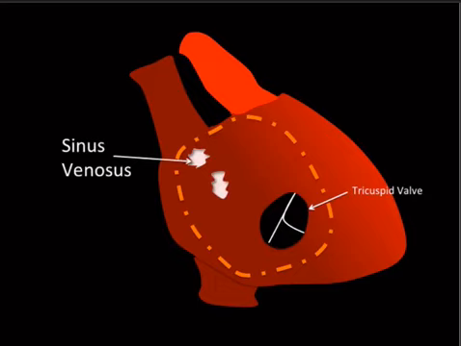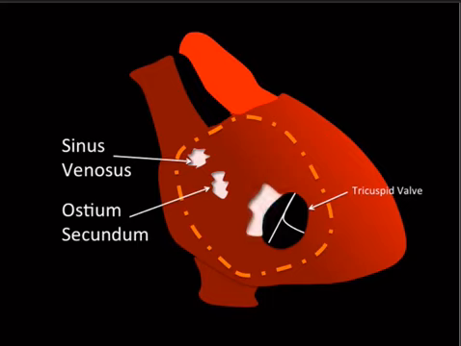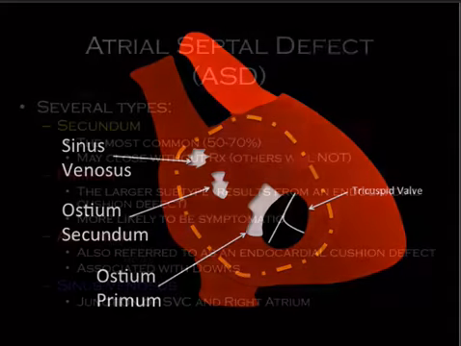A little bit further down is your ostium secundum. That's the second one down, but it's the most common right there. And then the third one to remember is this ostium primum. And even though it sounds like it would be in charge like Optimus Prime, it is actually number 2 overall. Secundum is more common, primum is bigger.